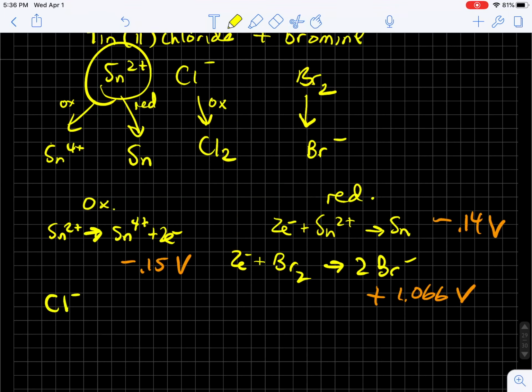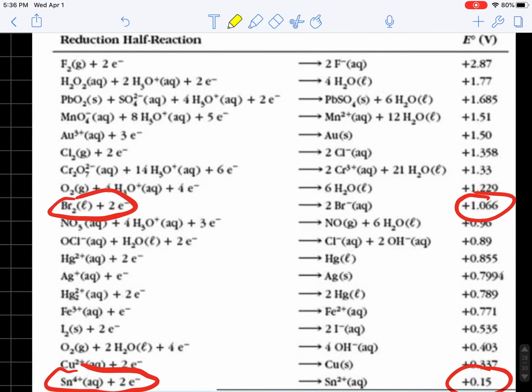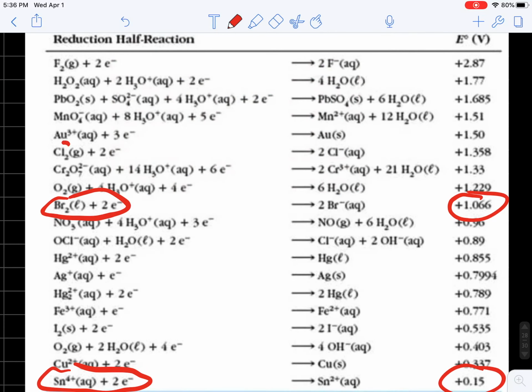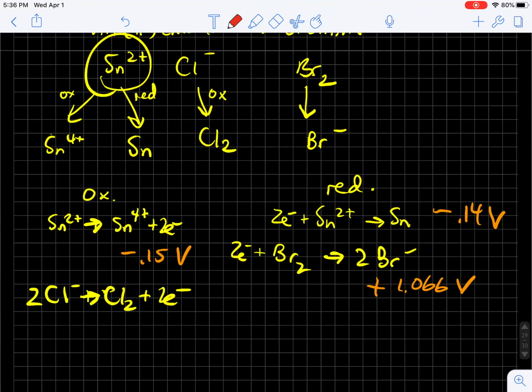And then our last oxidation would be, well, what if we take 2 chloride and produce diatomic chlorine plus 2 electrons on this oxidation? Again, we go and we look up the potential. The reduction of chlorine is positive 1.358, so this is going to be negative 1.358 for its oxidation.